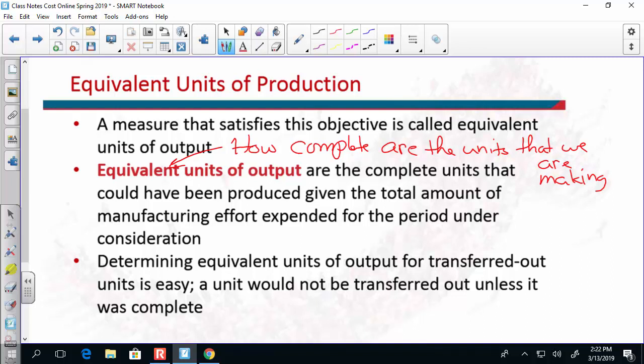We'll ask personnel or the shop foreman how far they are in the production cycle. They'll say, well, we're about 50% complete. So we'll assign an equivalent unit to that one that we're making. So if it were 50% complete and we were looking at one unit, in terms of equivalent units, then it would be 0.5. So it's just a percent kind of translation of a whole unit, dependent upon the evaluation of how complete those units are.